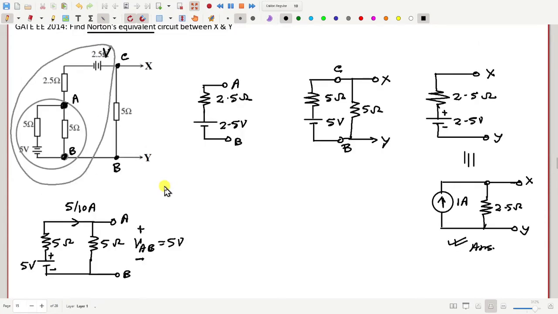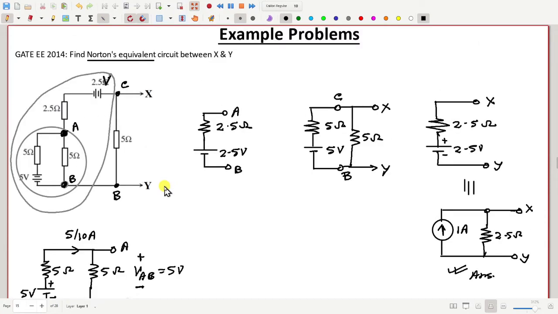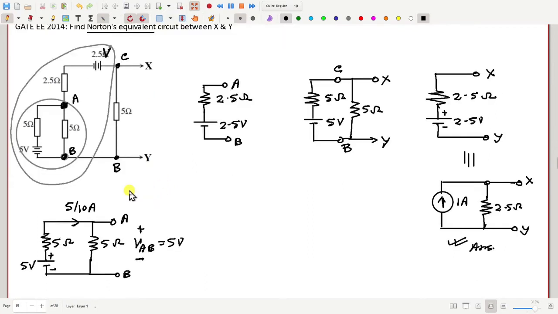Shall I move to the next question? VAB will be 2.5 volt, yes, absolutely right. So moving to the next question.